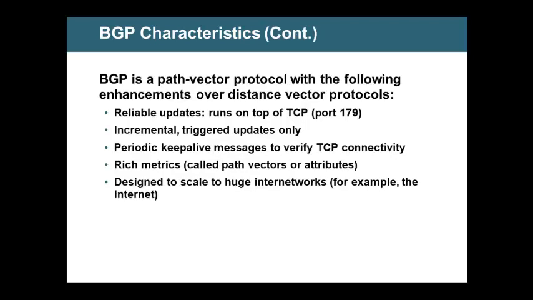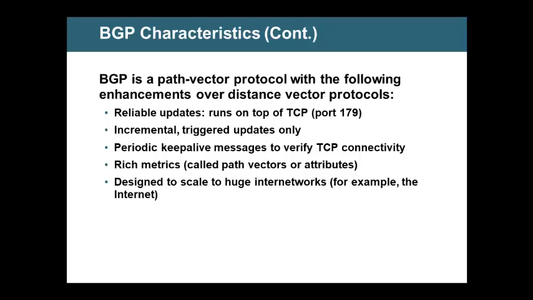Now, BGP uses TCP. If you take other protocols, they don't have this type of strong, reliable mechanism. Every protocol has some reliability, but they have their own, like RTP, reliable transport protocol in EIGRP, guarantees the delivery of update.